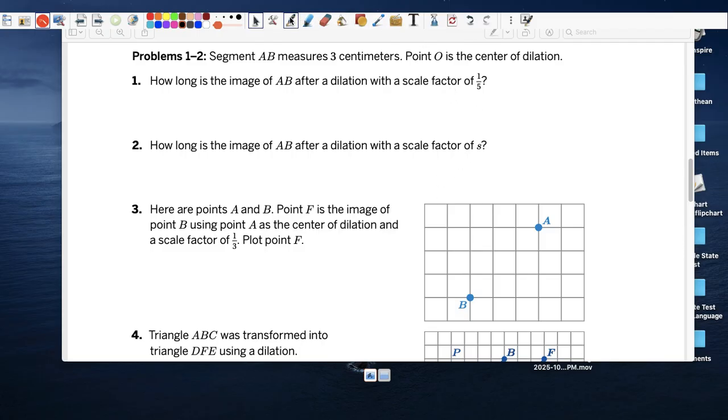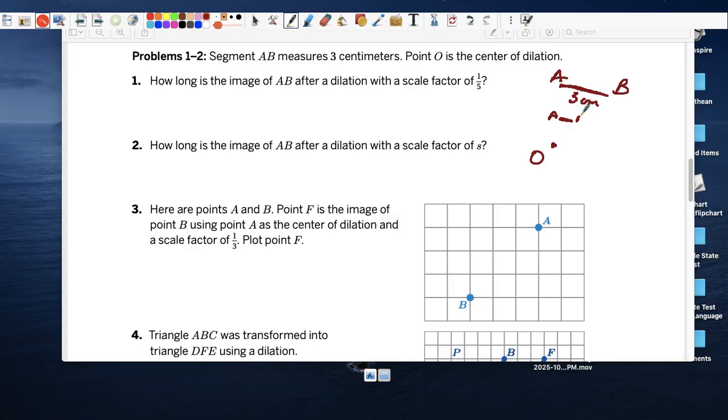So let's call this AB. There's a line segment. This measures AB, right? And this measures 3 centimeters. And here's the center of dilation O. Right, so if we dilate that by 1/5, obviously it's going to get smaller. It's going to be like over here somewhere.